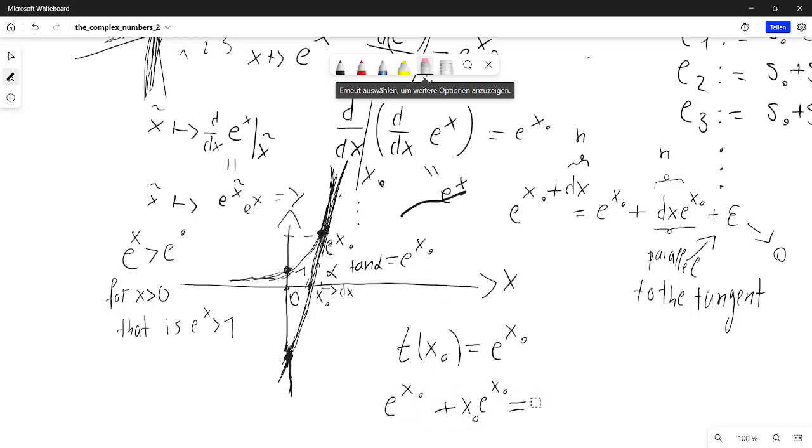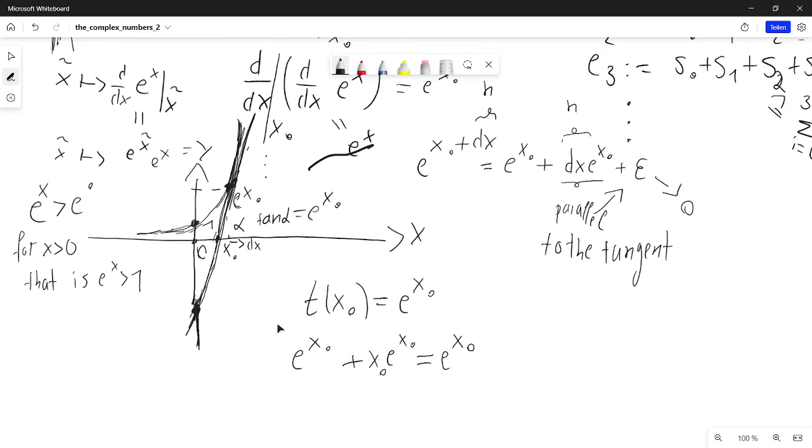And so this is just x0 plus x0. x0 is exactly the value of that, and that is e^x0, right?